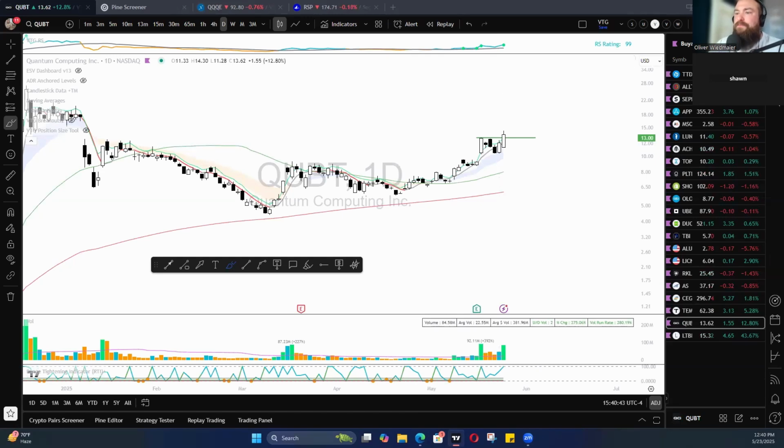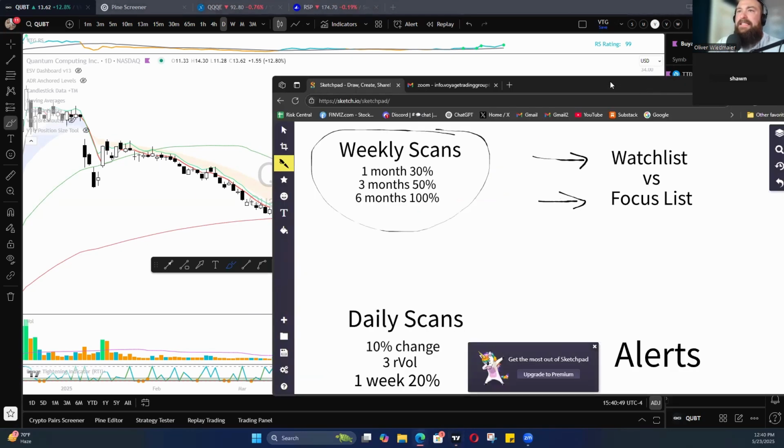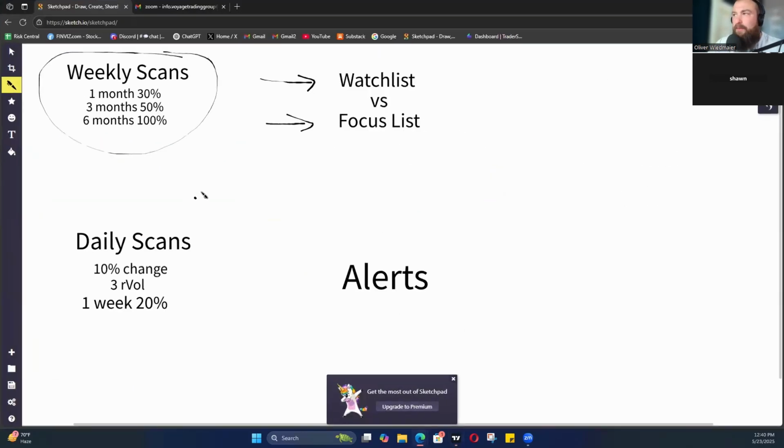What I'm looking for is running my scans, making the scans as easy and repeatable as possible, and then moving from one watch list to another watch list. Now, from a day-to-day standpoint, I'm running a few other scans. I run a 10% change scan, a three times relative volume scan, and a week up 20% scan.